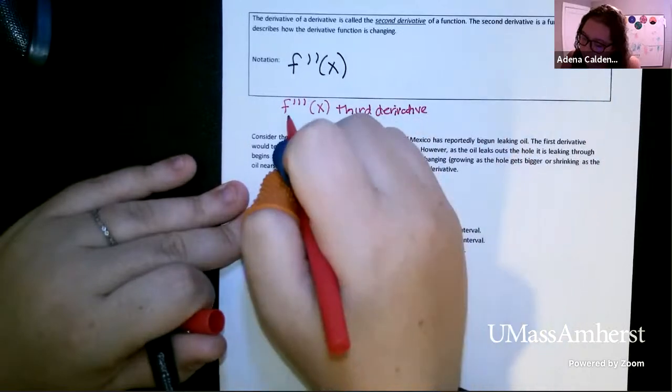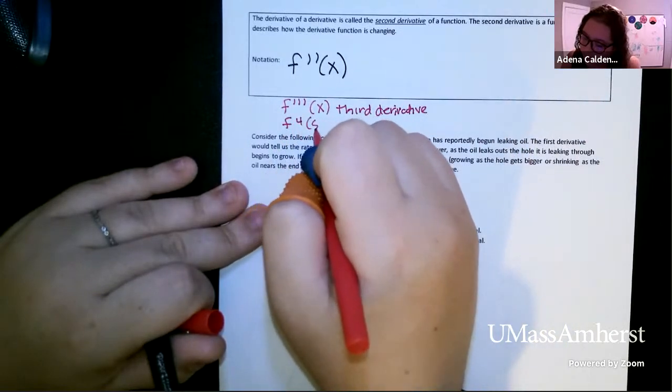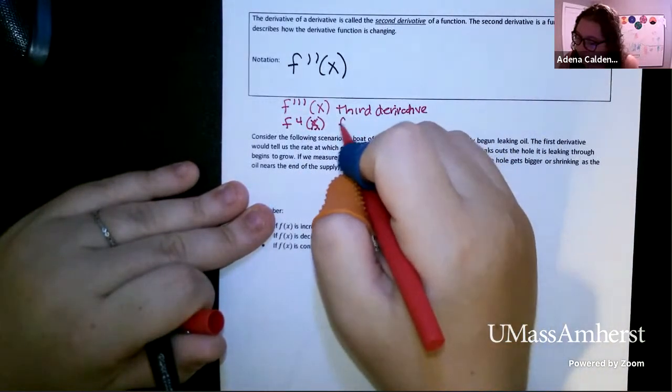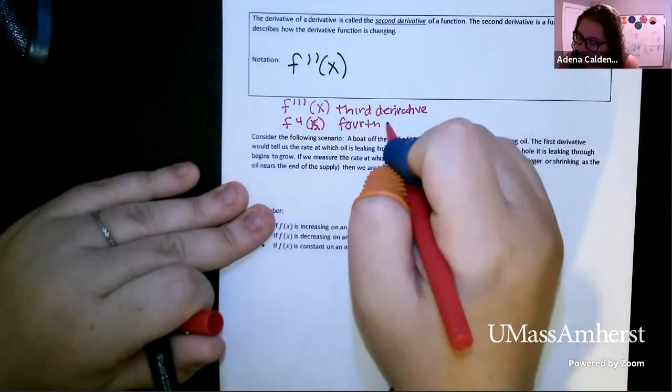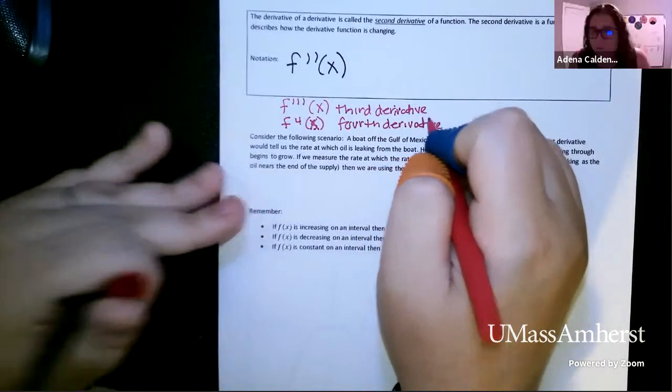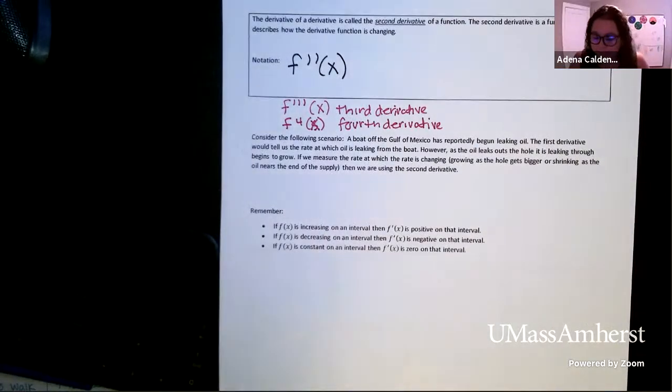And then after that, we typically start using numbers. So like f^(4)(x) is a fourth derivative. Like I said, we're not going to do this in this class. But everything we learn can just be applied to do more derivatives if you ever need to.